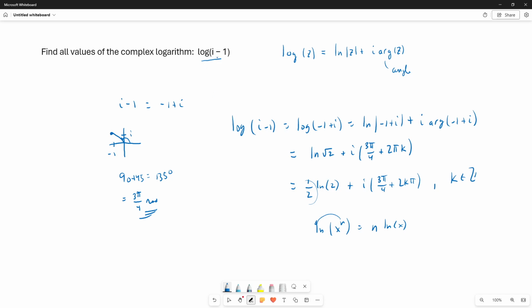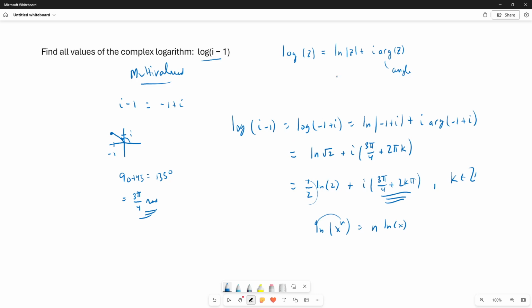So the log of i minus 1, the complex logarithm, is multi-valued. There are infinitely many values of a complex logarithm because there are infinitely many arguments. The real part is just a constant.